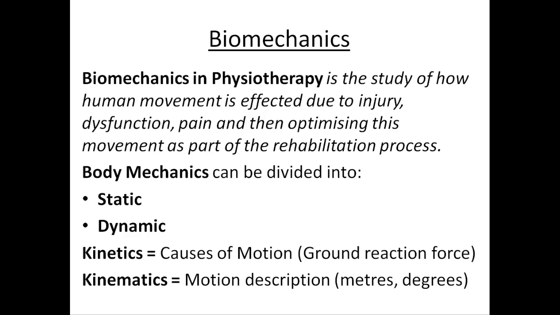So, for instance, if you're rehabilitating a young child with cerebral palsy, they're not going to walk in the normal way that a child of that age would. We've got to try and optimize their movement with maybe some orthotics, maybe some bracing, and we've got to work with what we have to the best of our ability as part of the rehab process.